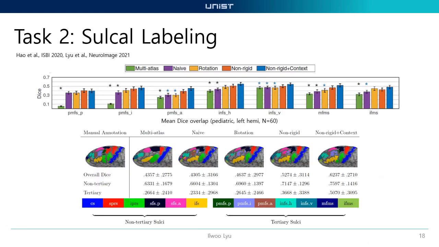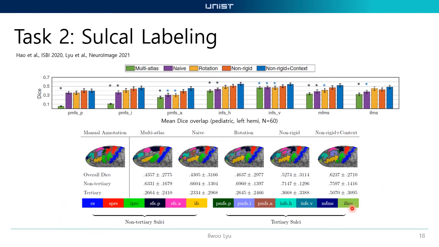And these are the sulcal labels in the tertiary sulcal region for the pediatric samples. We still see similar patterns. Our data augmentation technique plus context-aware training can improve tertiary sulcal labeling compared to the other 4 baselines.